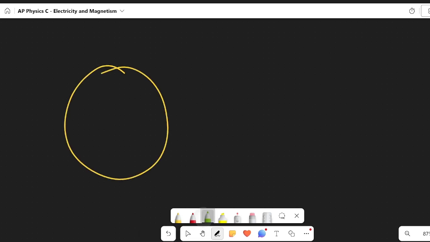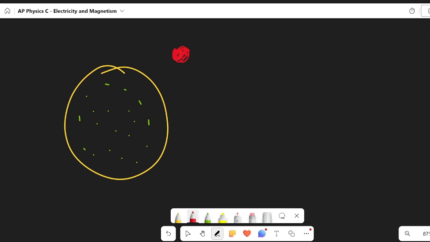Let's learn about 3 different types: conductors, insulators, and semiconductors. For example, if we have a metal ball here and there are charges inside, metal is a conductor. This essentially means that the electrons inside are loosely bound and can move around really easily.